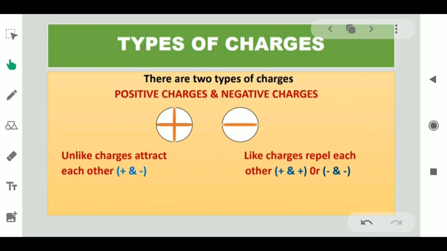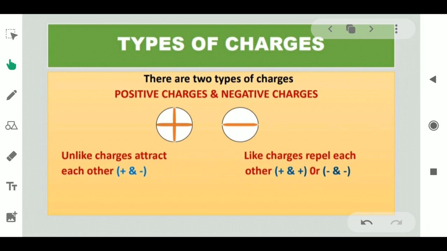Unlike charges means opposite charges, a positive charge and a negative charge. They always attract each other. Another case, like charges repel each other, which means positive charges or negative charges repel each other.